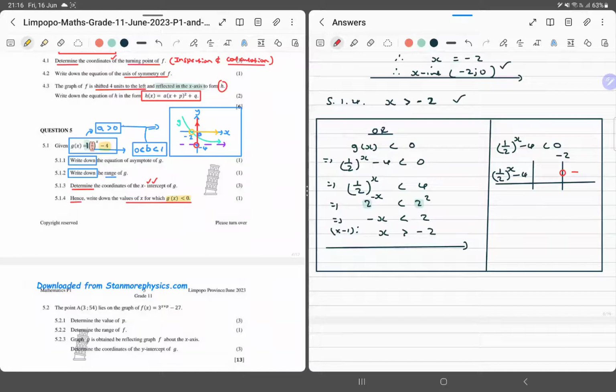It's always going to be negative. And then if one side is negative, this side should be positive. So what did we want? We want this graph to be less than 0. So where are our solutions? At 0, we've got a solution that is not included because it's not saying equal to 0. But we're saying it must be less than 0. It's less than 0 going in this direction. Hence, we make the same conclusion.